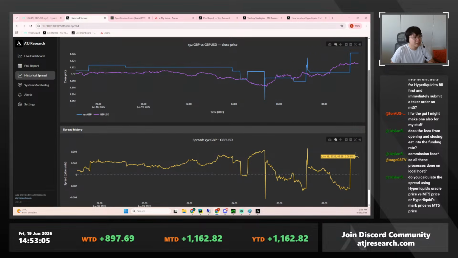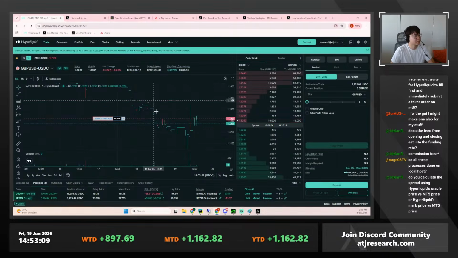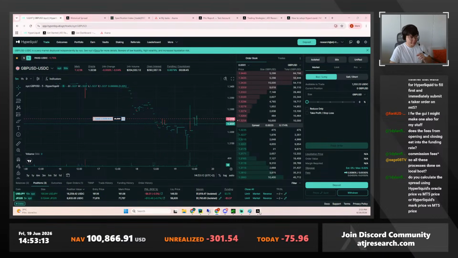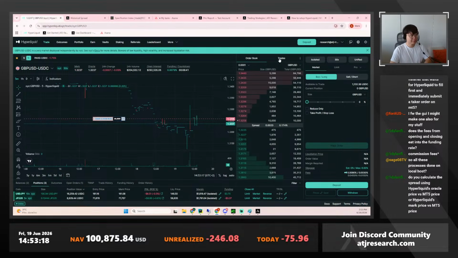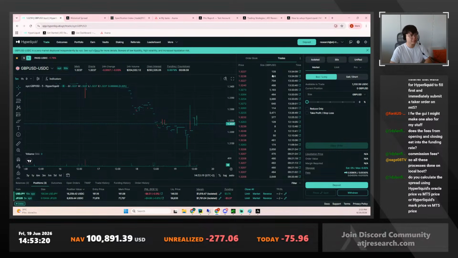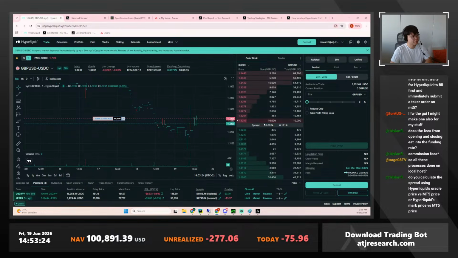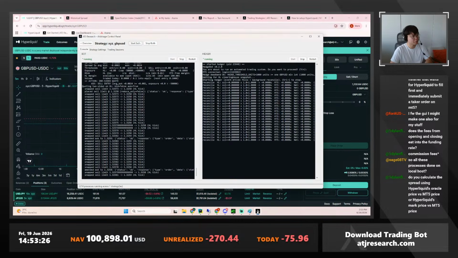Again, look at the spread. The spread on GBPUSD is 0.03, right? It's very high. So we're trying to sell here, and when we get filled, we then buy on MT5. It might take some time, but every few minutes we see some trades. Eventually we'll see some fills and then we can observe on MT5.